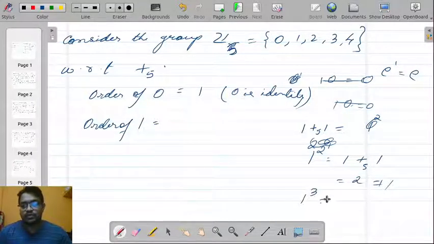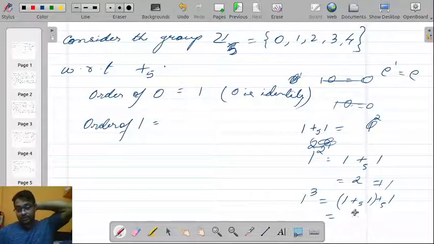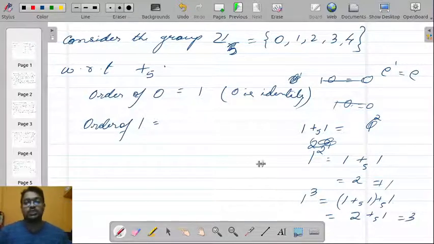Then 1 cube, let us try. 1 cube is 1 plus 1 modulo 5 plus another 1 modulo 5. Because of the associative operation we can just add them together. So 1 plus 1 is 2, plus 1 modulo 5, so this is 3. 1 cube is 3. Similarly 1 to the power 4 is 4.